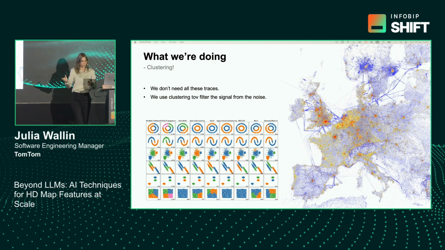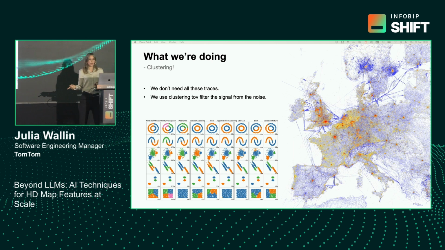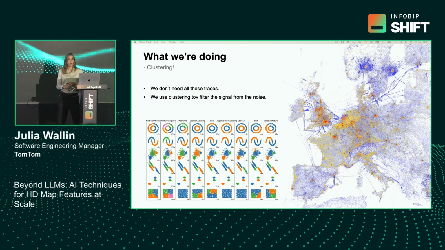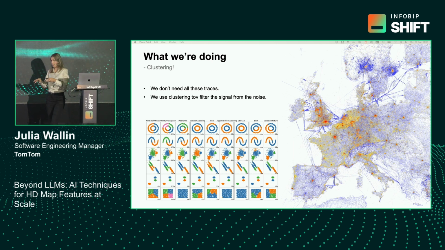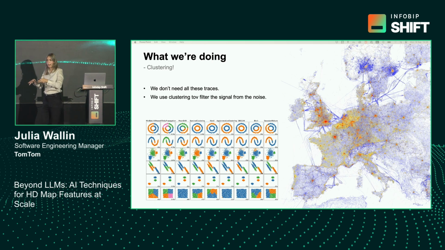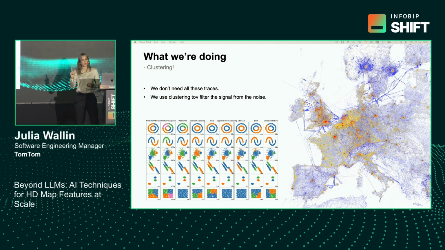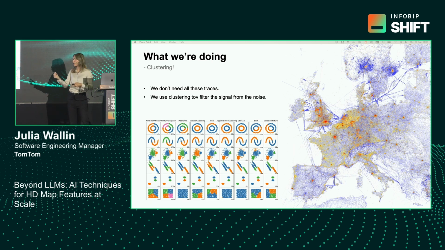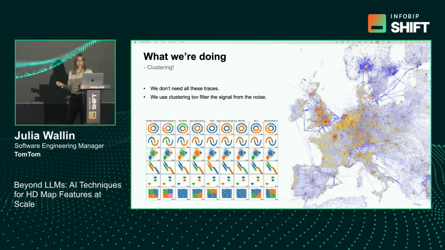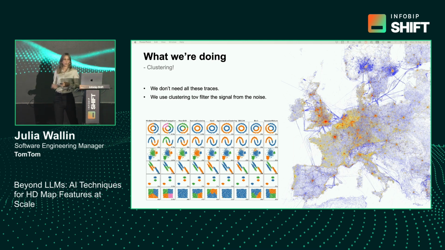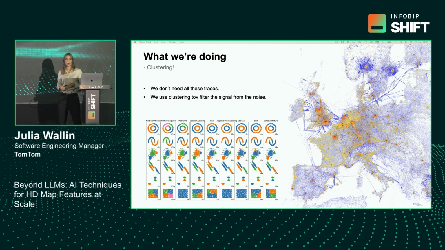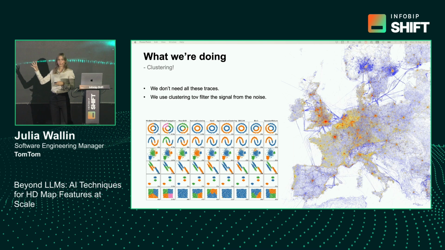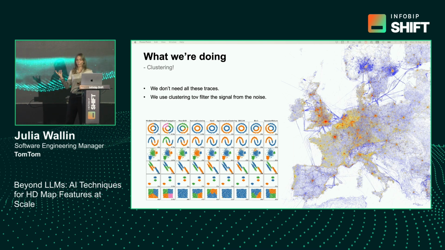So it's probably a stop sign. And if we have ground truth for that location from before, then we might just need one observation to confirm that reality hasn't changed. So we use clustering algorithms to filter the signal from the noise, or from what we don't need.